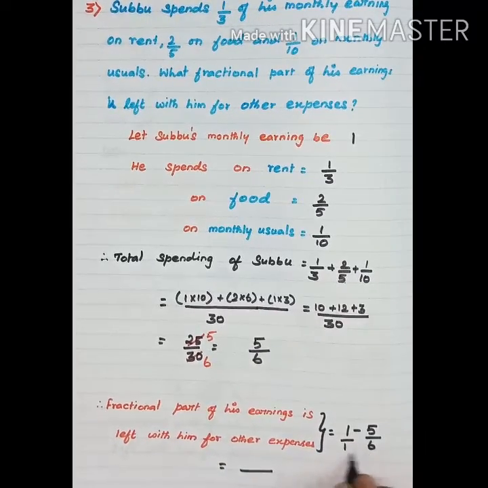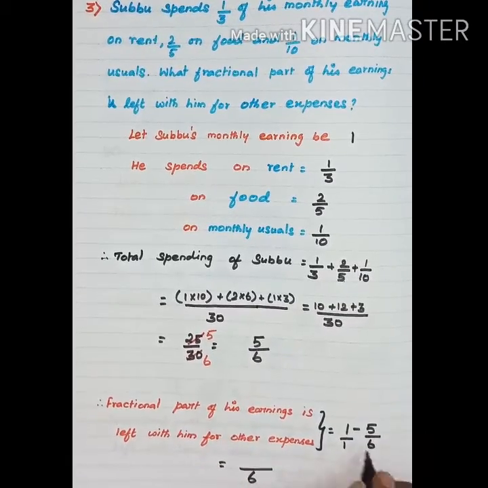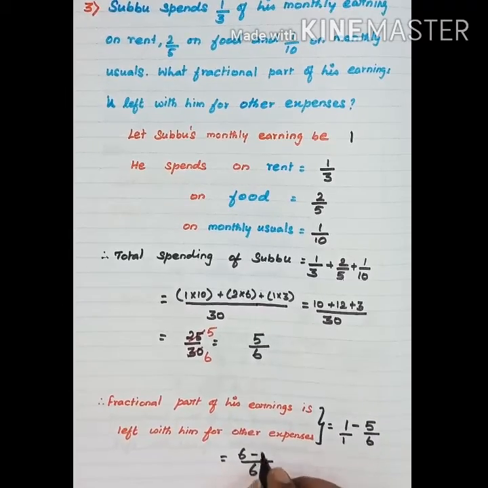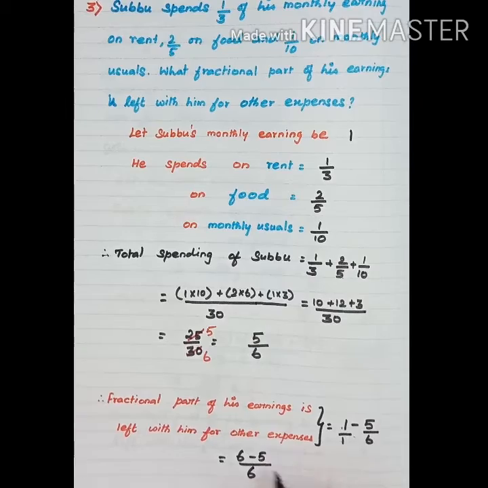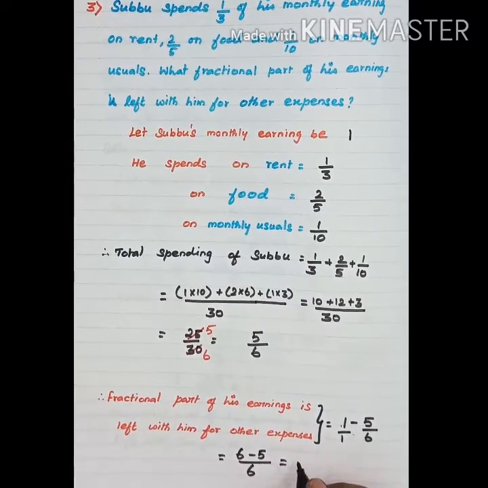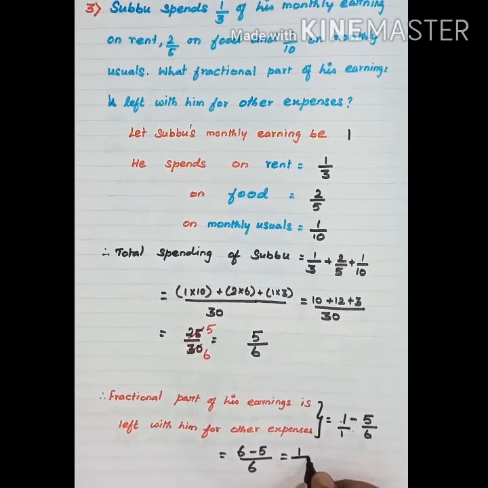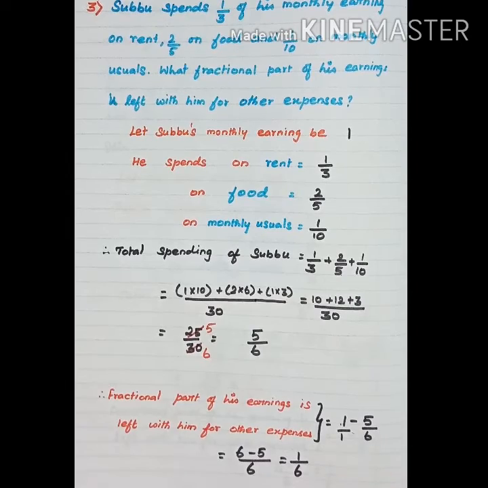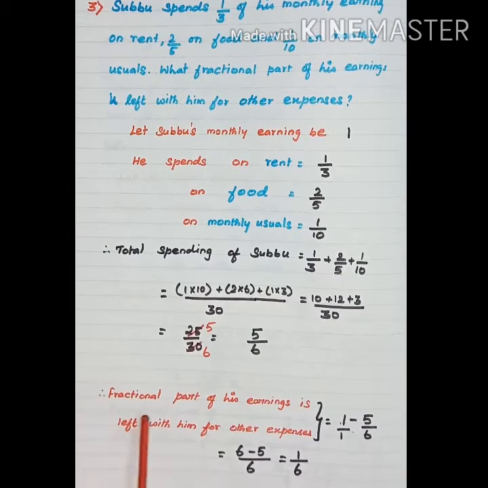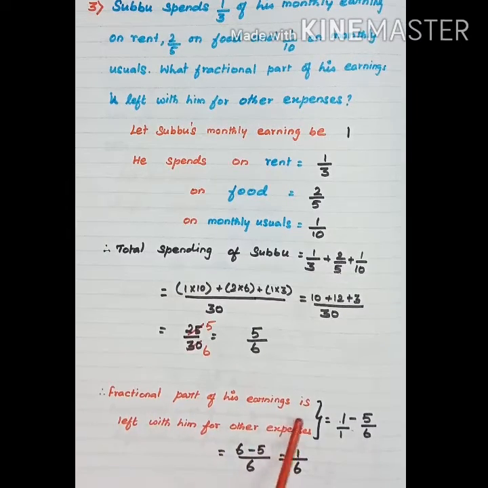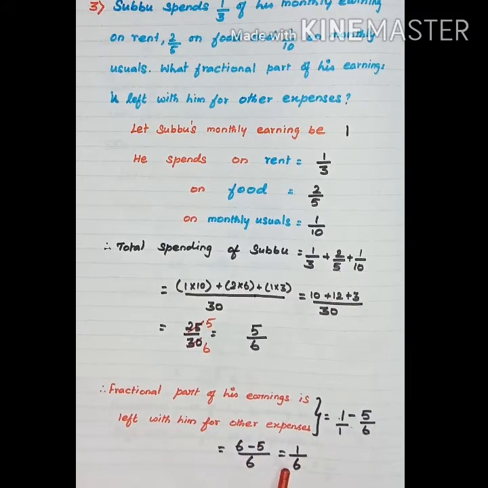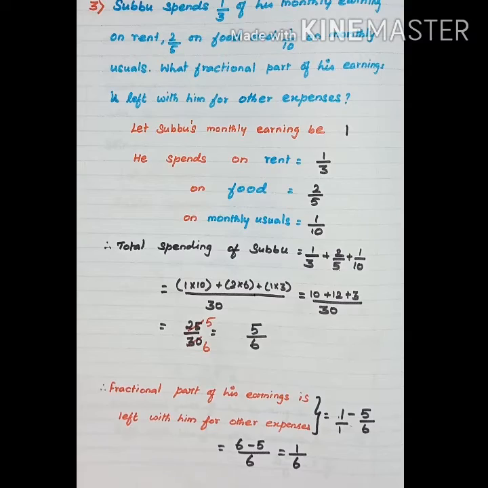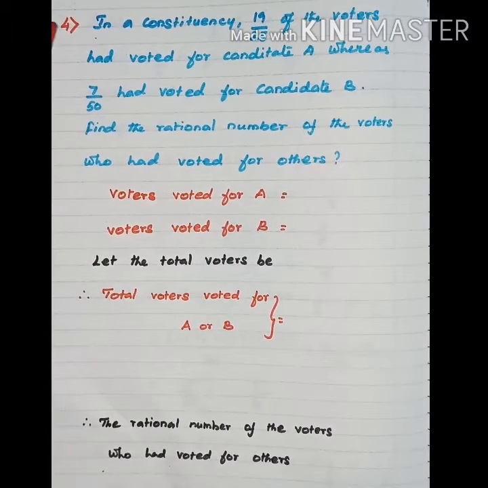Instead of taking the LCM, we will multiply the denominators, cross multiply. 1 sixes are 6 minus 1 fives are 5. 6 minus 5 is 1 by 6. Therefore, the fractional part of his earning left with him for other expenses is 1 by 6.